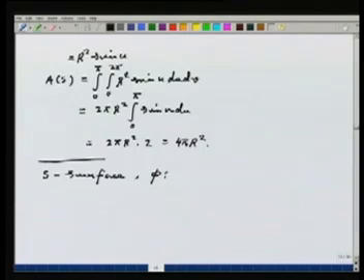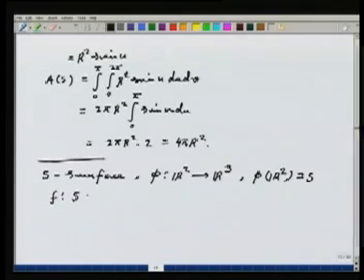So phi is a map from R2 to R3, and phi of the domain of phi, which is in R2, it might be some subset of R2 also, I do not care, this is my S, it is a surface. And suppose f is a function from the surface to the real line. Assume that f is continuous.